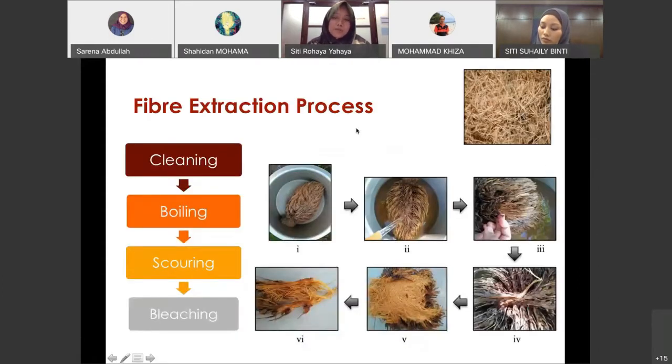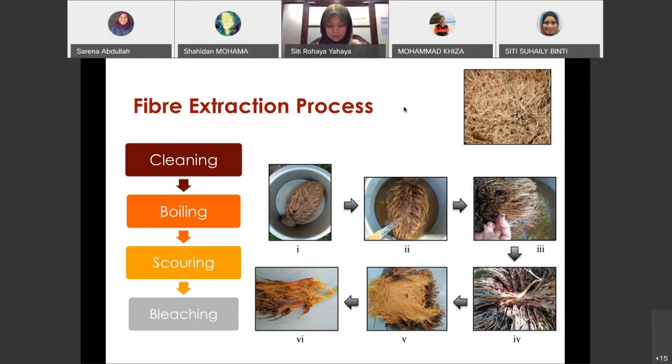Okay, this is what we call the fiber extraction process. First, we need to clean the fibers by boiling, beating, and steaming. The purpose of the fiber extraction process is to remove impurities such as dirt, and also a few of the greens and the oil from the EFB.